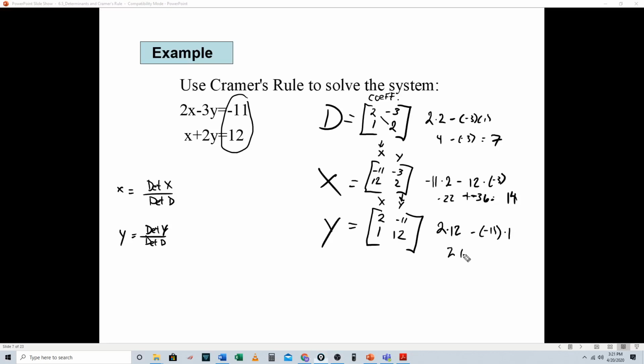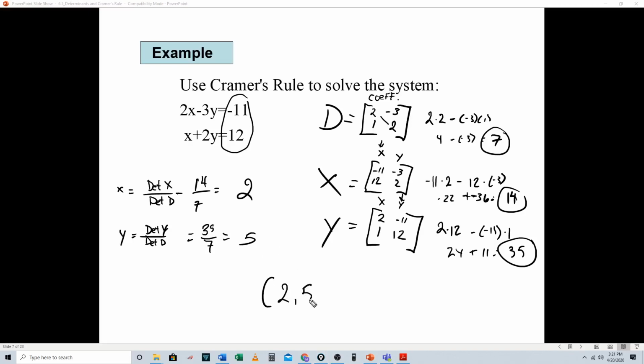So it gives you 24 plus 11, 35. So determinant of x was 14 over 7, which gives you 2. And determinant of y was 35 over 7, which gives you 5. So my answer is 2, 5.